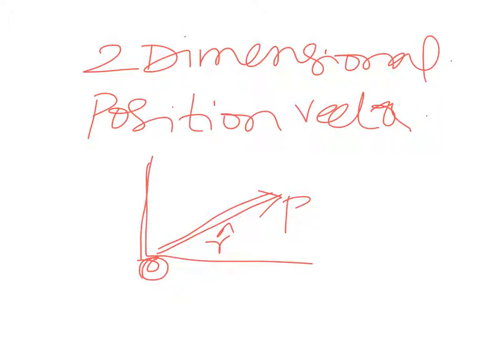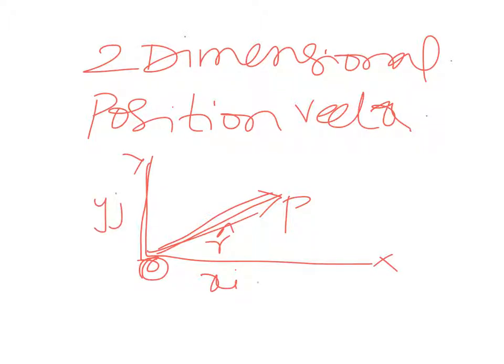Now this is the origin O in an XY plane. Say I'm drawing the XY plane over here, so this is your x-axis and this is your y-axis. Now position vector R is equal to xi plus yj. This is xi, we have studied this in the past, and this is yj.